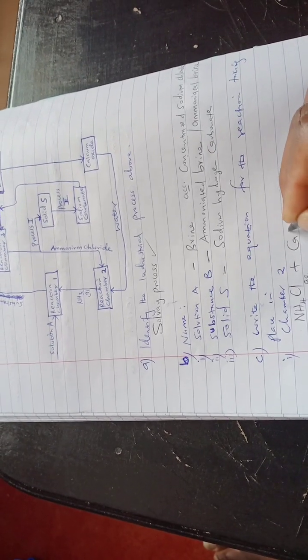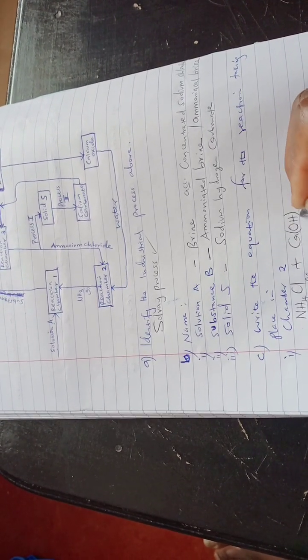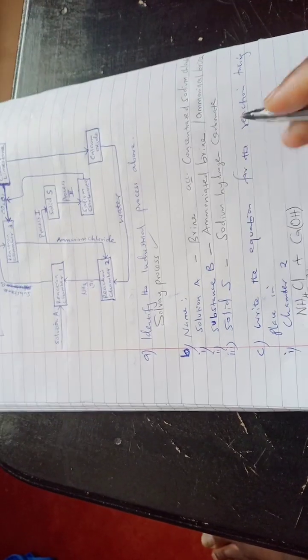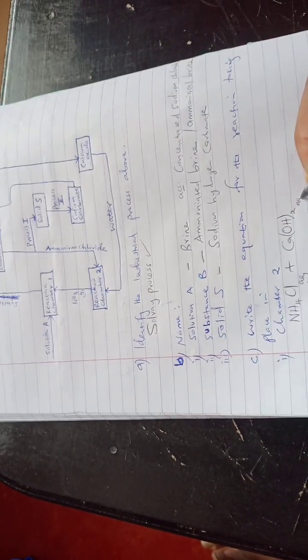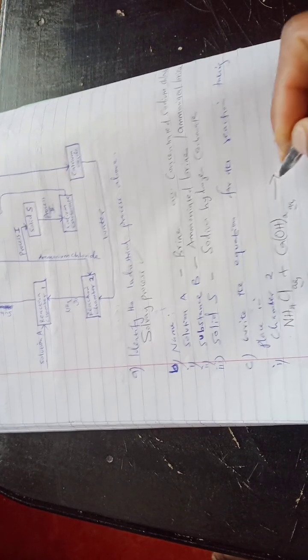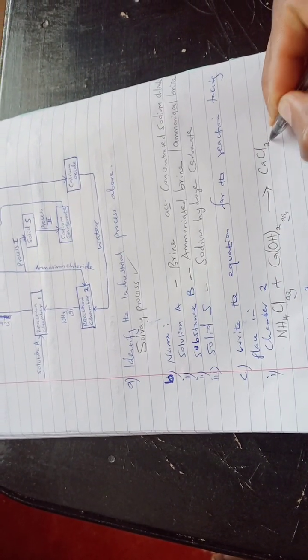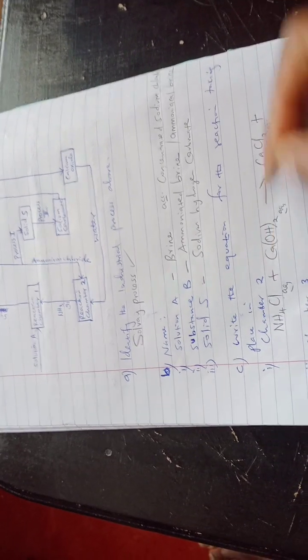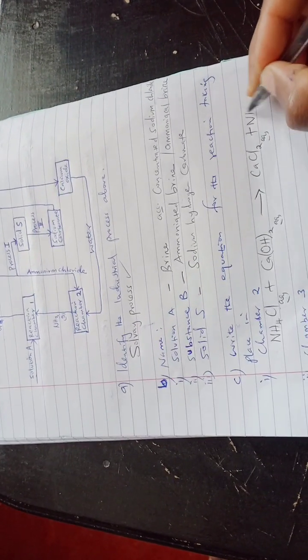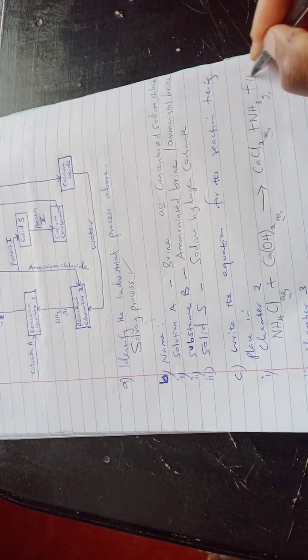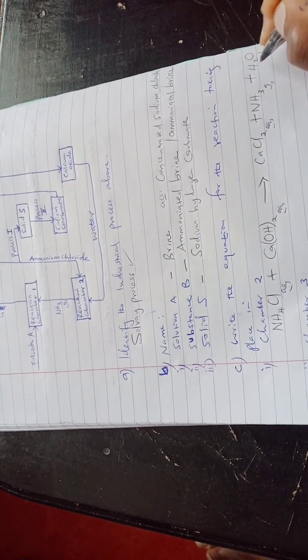So for this reaction, the equation should be you have ammonium chloride, which is a solution, plus calcium hydroxide. After you slake it, adding water, you slake calcium oxide, you get calcium hydroxide. So it will give us what? It gives us calcium chloride. It also gives us what? Ammonia gas, and also it gives us water, H2O.